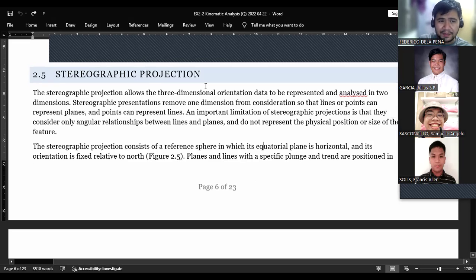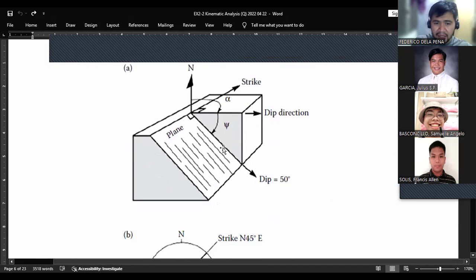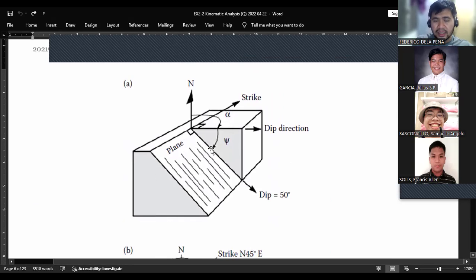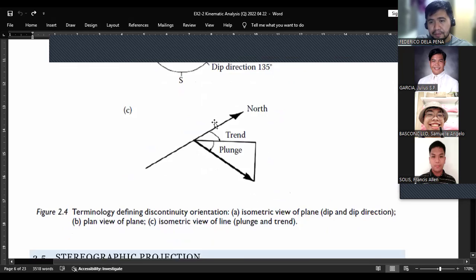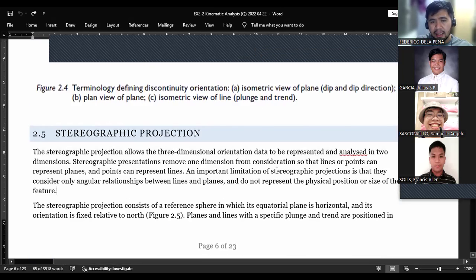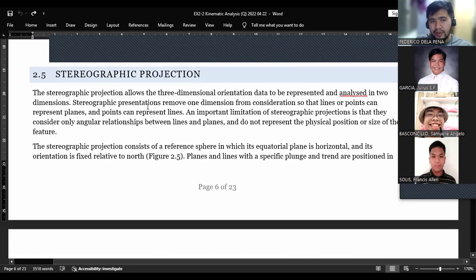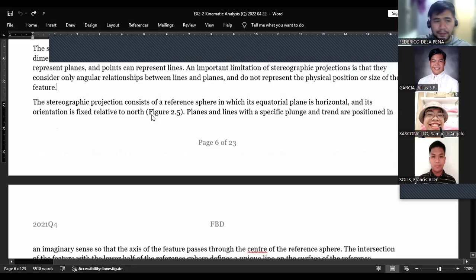Anyway, going back, since we're analyzing orientations, it's obvious that discontinuities, you have your dip angle, you have your azimuth. These are actually 3D features, and it would be more convenient to express them in a simpler graphic, like in a 2D representation.